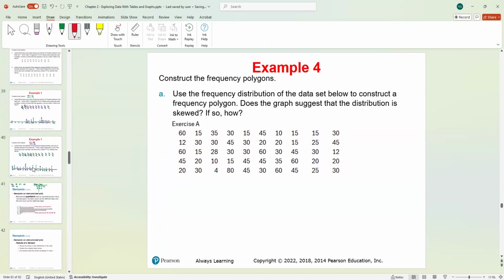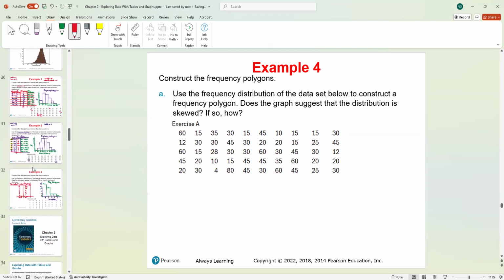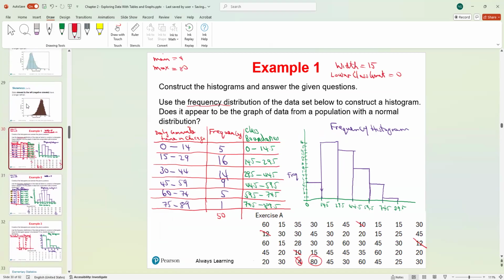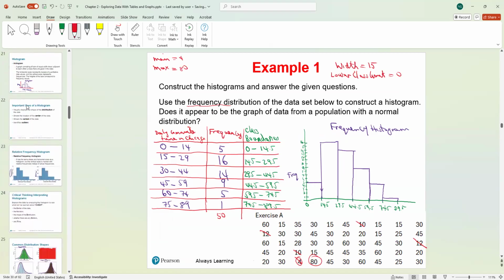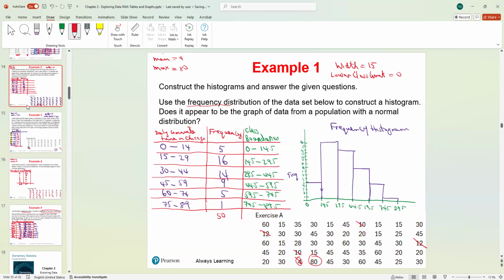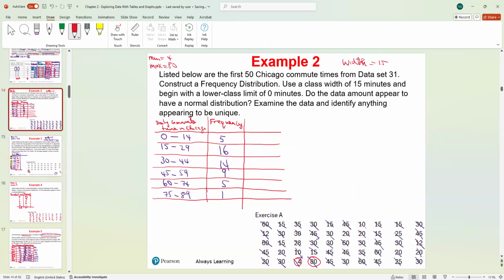What I would ask you to do is go back and watch the previous videos where we have this type of table. So those are the frequencies. But let's see if we did better than that with that table, right? Okay, I think that's the one.